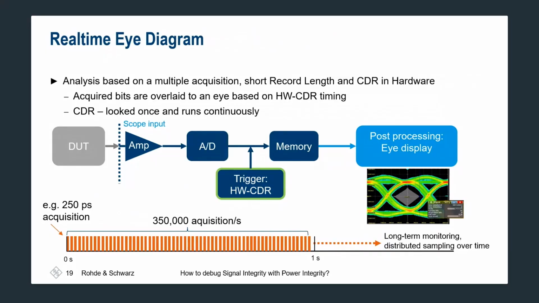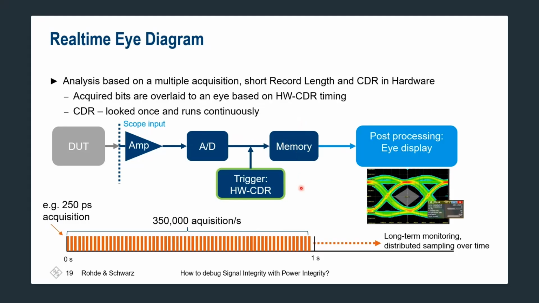The second approach is so-called real-time eye diagram based on hardware CDR. In this architecture, the signal is fed from the DUT to the oscilloscope vertical input amplifier and from there to the AD converter to be digitized. Then all digital samples are fed into the memory.